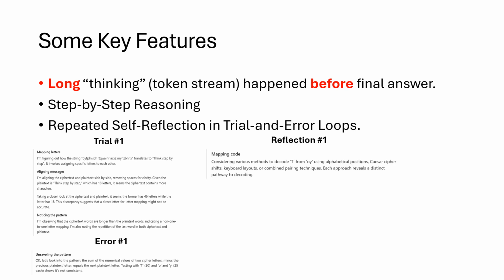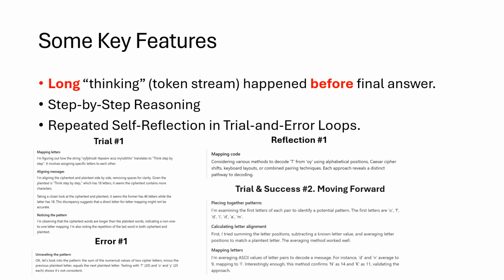Perhaps it should switch to some other decoding method like Caesar cipher shift, keyboard layout, or combined pairing techniques. Then it tries another decoding method and it succeeds, and it moves forward. So this is repeated self-reflection in these trial-and-error loops.